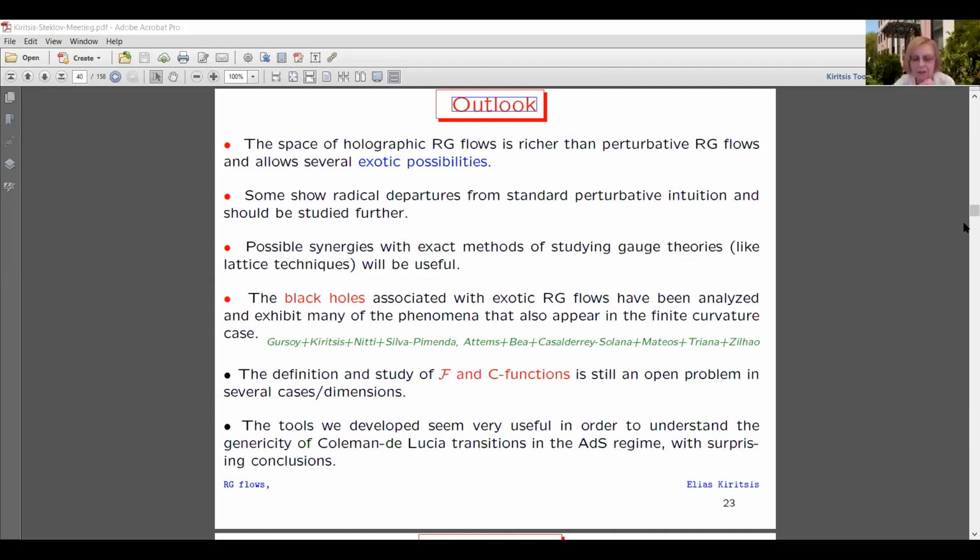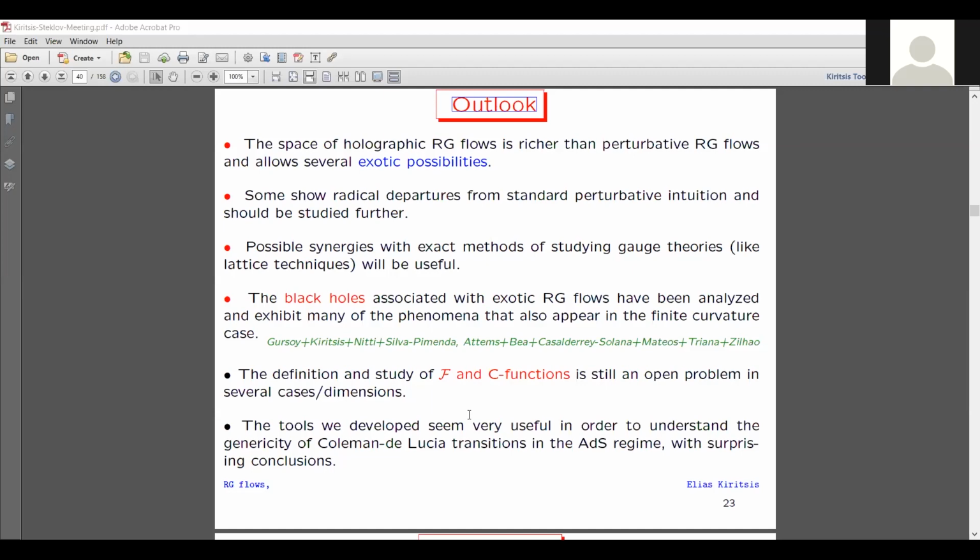More questions, please? Okay, I have a question. Can you expand a bit on the last point? The Coleman-De Luccia. Yes. You have to remember that if you want to have a Coleman-De Luccia transition, you need an instanton.